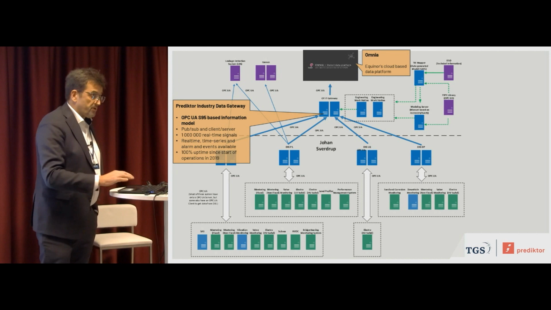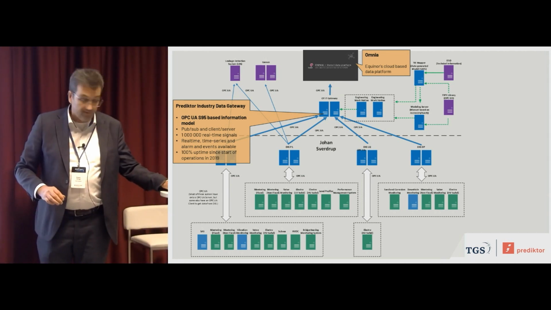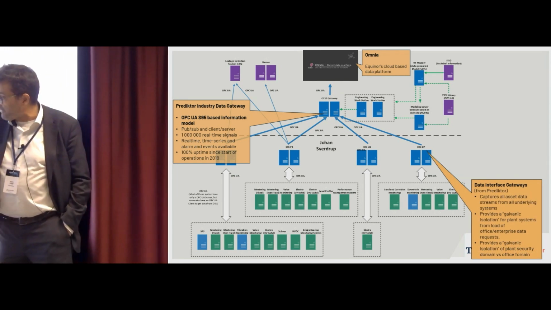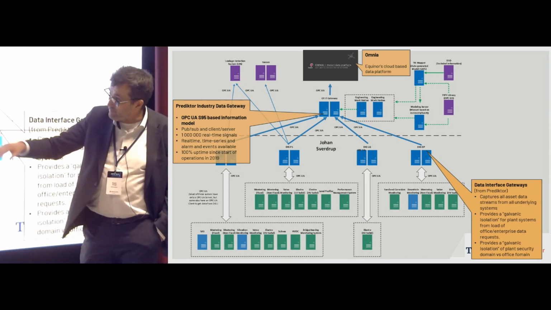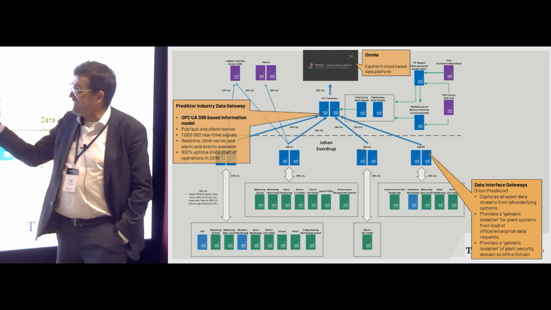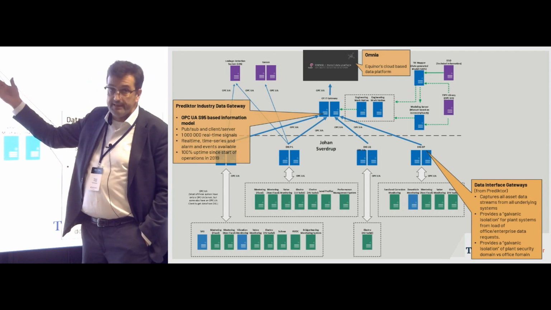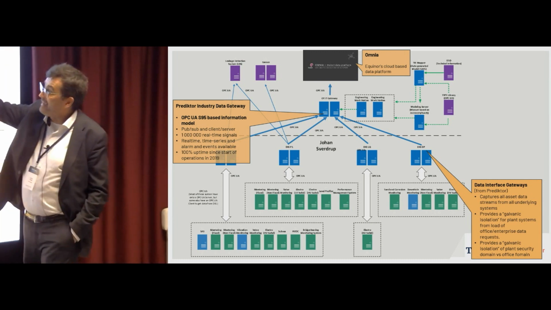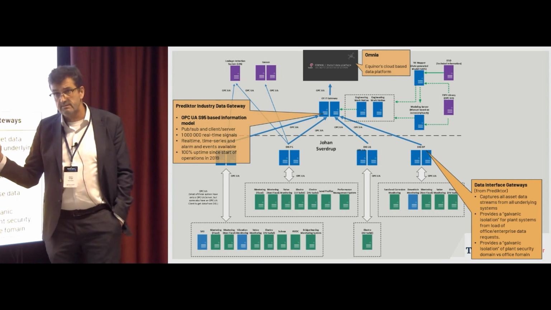But it's a more complex structure than that. We also have what we call data interface gateways. So data interface gateways are communicating directly to the plant system. So these are in the plant network. They communicate to a lot of different, so this is more than 30 different plant systems. And different subsegments of those are captured by the data interface gateways. So by separating the gateway from the data interface gateways, you have a separation of security domains.